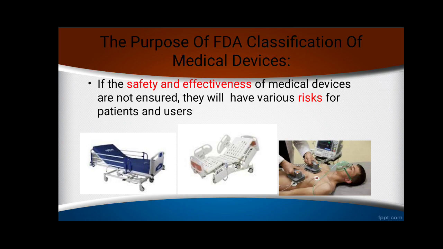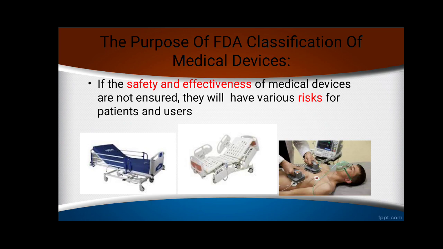The second device is an electric hospital bed. It is considered Class 2 according to the FDA. If an electric bed doesn't work properly, especially if it doesn't provide standard positions, it may increase the possibility of patient falling or putting pressure on the patient's body.